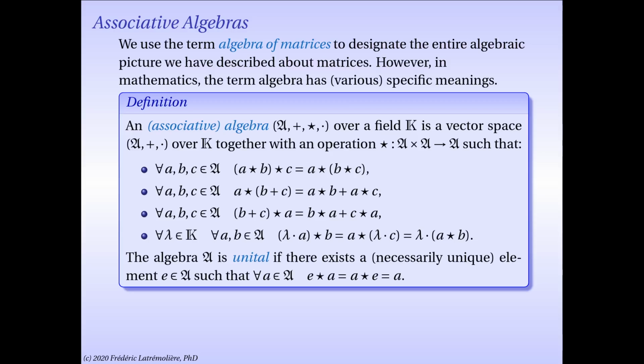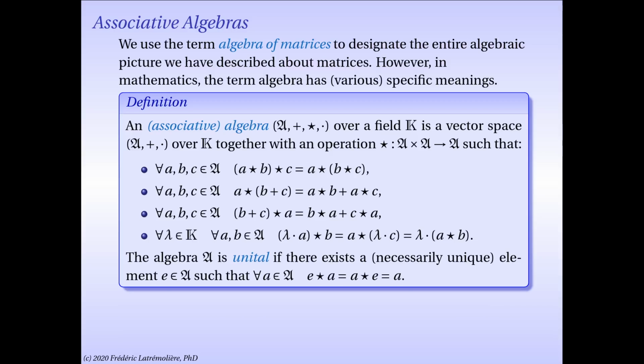The structure (A, +, *) is what is called a ring. Thus, an associative algebra is at once a ring and a vector space, where the addition is shared between those two structures, and with an additional compatibility relation between the multiplication of the ring and the scalar multiplication of the vector space.